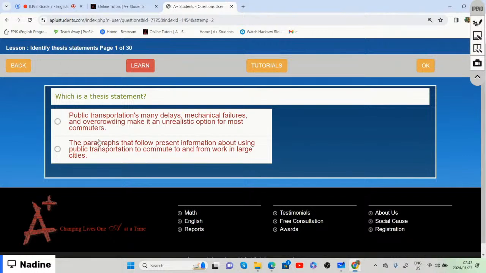All right. So we need to say which is a thesis statement. Public transportation's many delays, mechanical failures, and overcrowding make it an unrealistic option for most commuters. And the paragraphs that follow present information about using public transportation to commute to and from work in large cities.